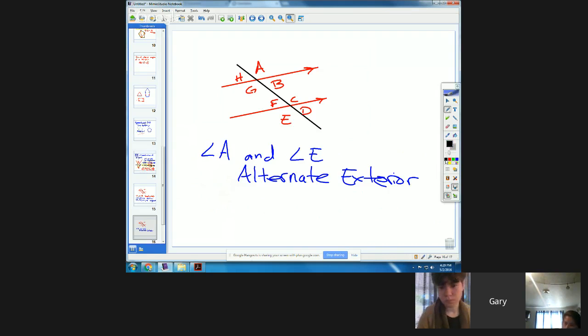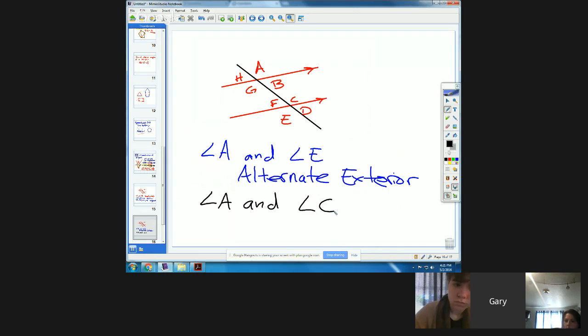If we look at the relationship between angle A and angle C, they're on the same side of the transversal. A is exterior to the parallel lines, but C is interior, so that really doesn't help.